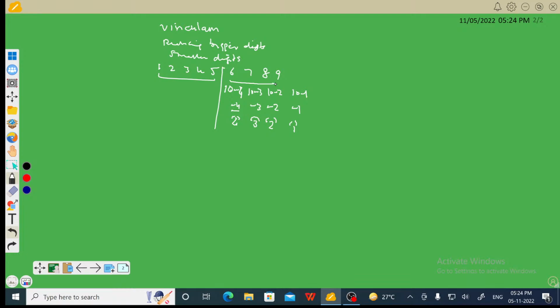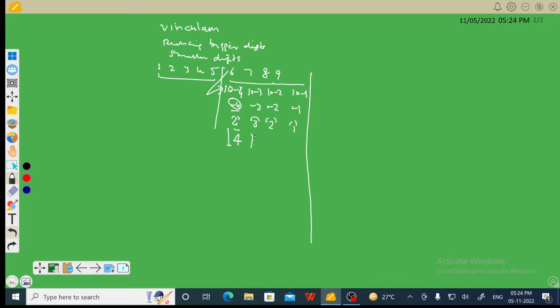It is aimed at making the steps simpler, but before that we have to see that 6 is 10 minus 4. This is 4 deficient from 10, and so it is written as 1 and a 4 bar.